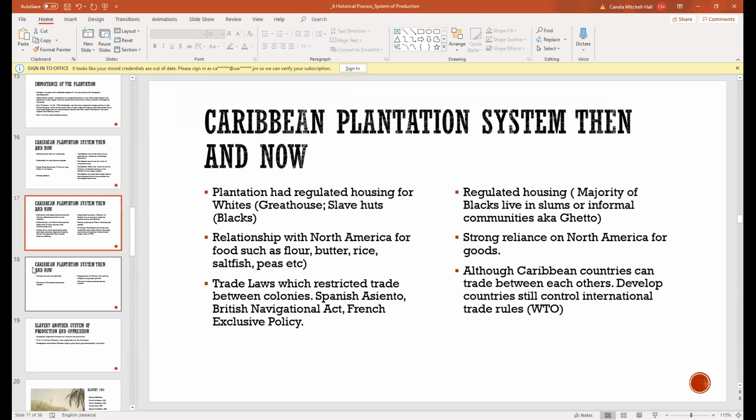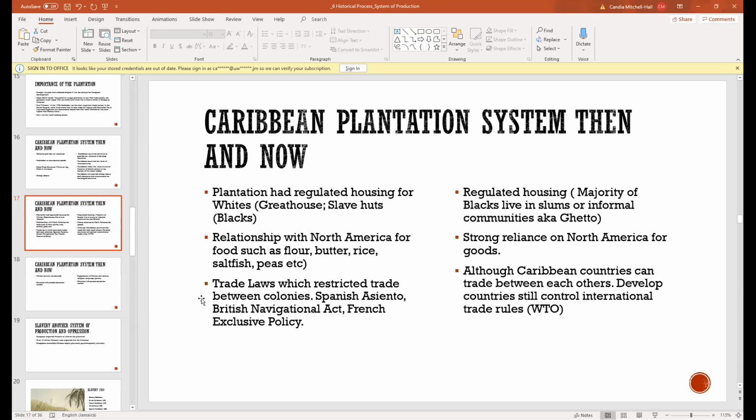The butter, rice, flour, peas, all these different things they would have imported. A strong reliance on North America for food. Not only that, the clothing that the enslaved people wore actually came from North America. The cloth, all these different things came from North America.